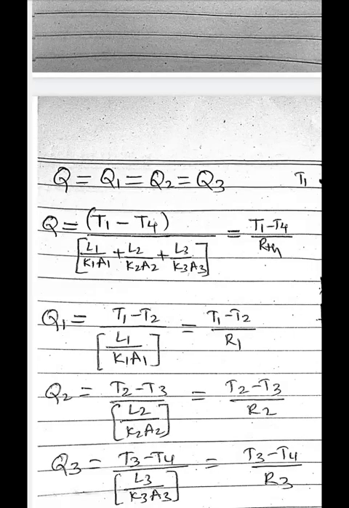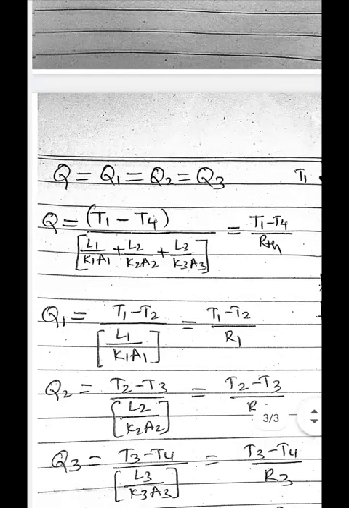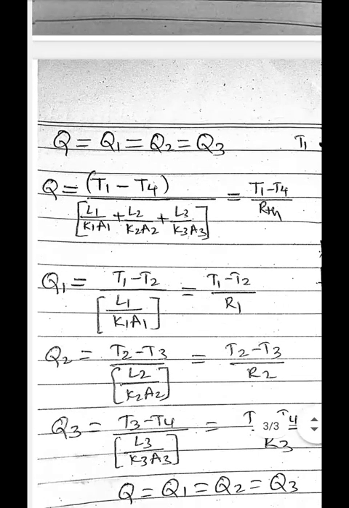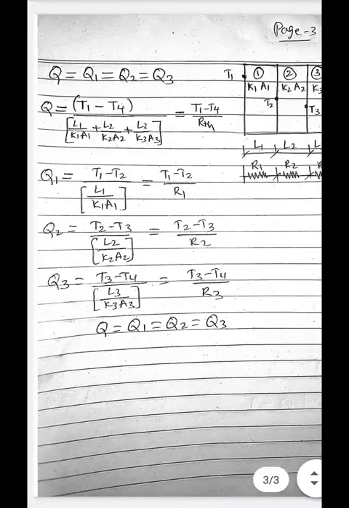Now we try to write the equation for each block. Q1 is the rate of heat transfer through the first block. The temperature zone for the first block is T1 and T2, so it is T1 minus T2 divided by L1 divided by K1A1. This is the thermal resistance offered by the first block, that is T1 minus T2 divided by R1.